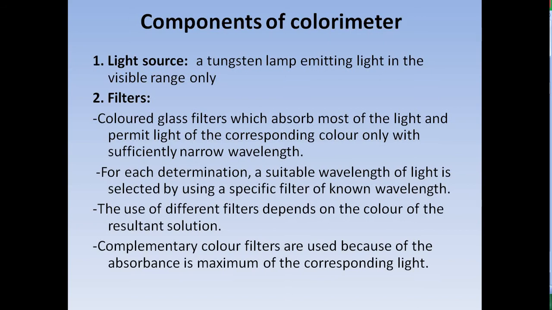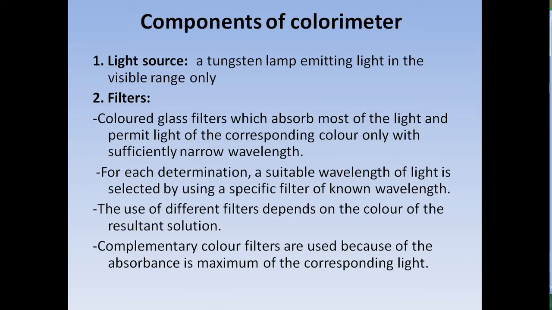Filters are colored glass filters which absorb most of the light and permit light of the corresponding color only, with sufficiently narrow wavelength. So once the white light passes through the filter, only a single color will come out. That means only monochromatic light will come out after it passes through the filter.